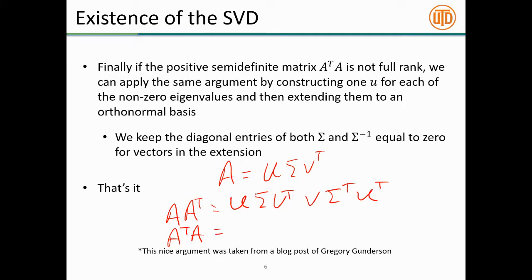And A transpose A has to be equal to V sigma transpose U transpose times U sigma V transpose.